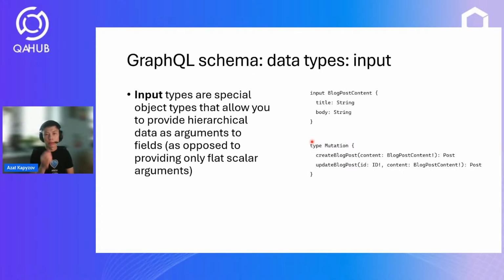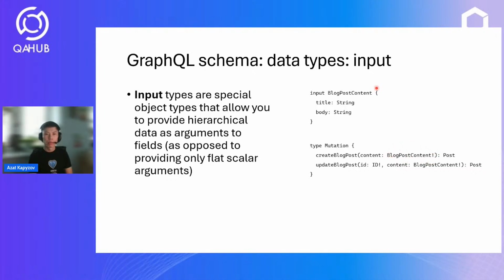And if we want to create type mutation, for example, create blog post, here we specify field content, and its data type will be blog post content.